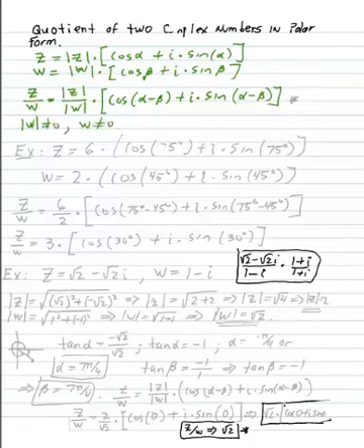To divide two complex numbers in polar form, we divide the moduli and then the angles, or the arguments, subtract.